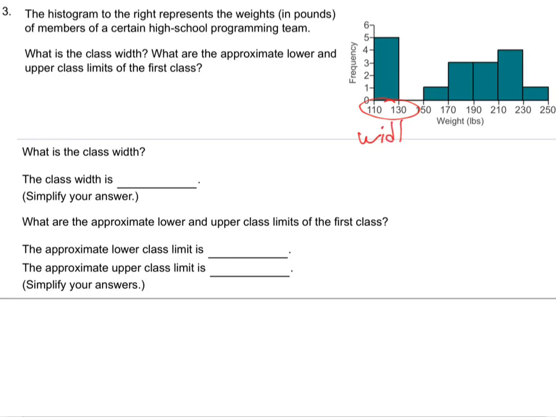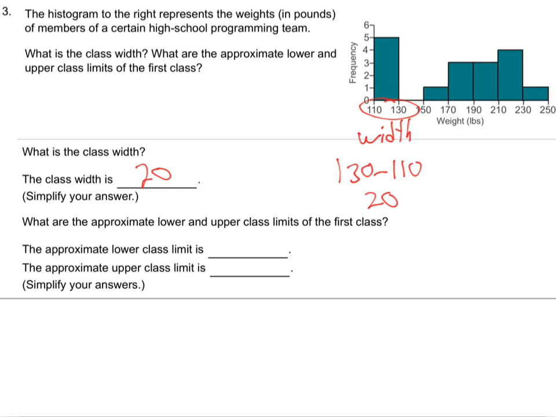That's the width of every class. So it's going to be 130 minus 110. It's 20. So they're all 20. See how the bars have a width of 20? So the class width is 20.